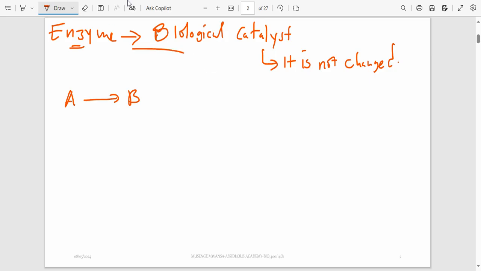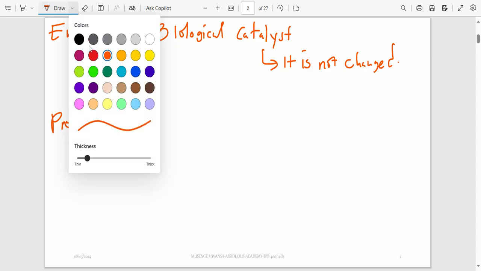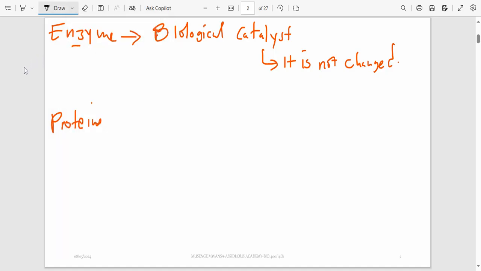What makes up enzymes? That should be another question we are able to answer in order to understand enzymes. Enzymes are made up of proteins. I want us to be reminded that when we looked at proteins, we said that proteins have levels of protein structure. What makes up proteins are amino acids.